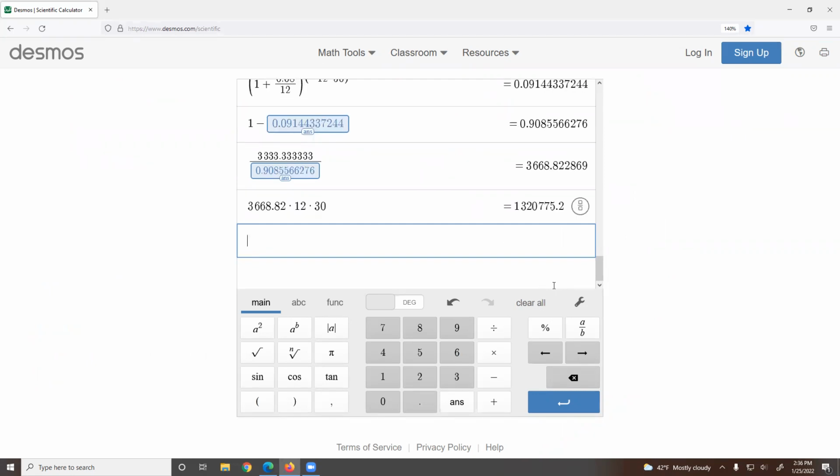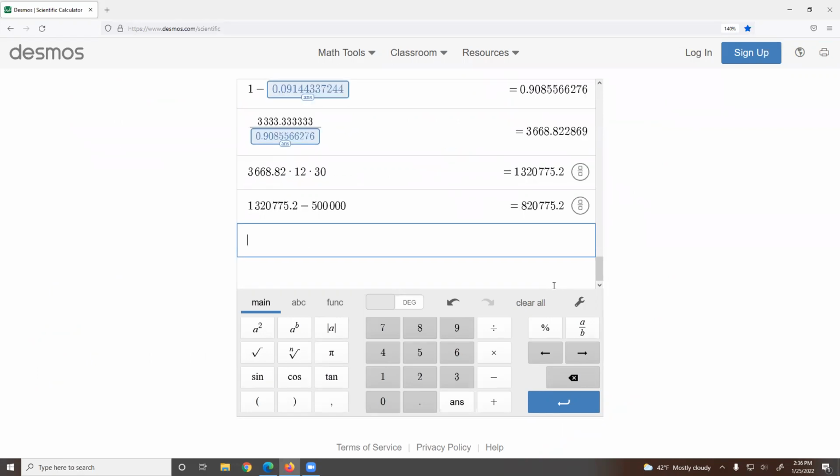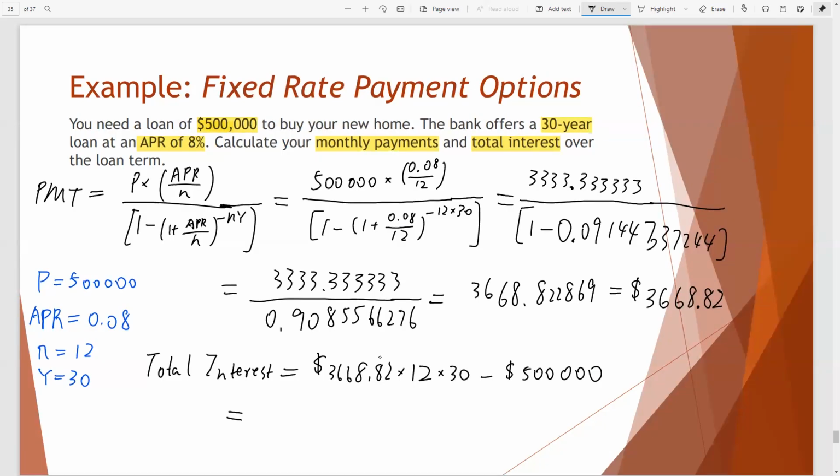That's 1,320,000. Then when we take it away, that's 820,000.